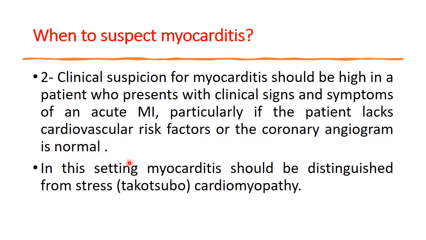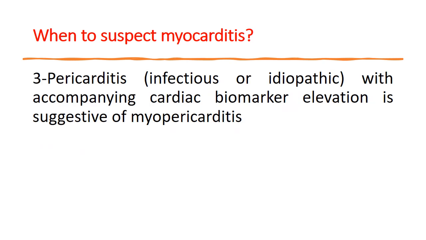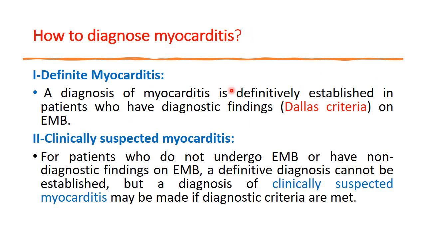In this setting, myocarditis should also be differentiated from stress or Takotsubo cardiomyopathy. Finally, we have to suspect myocarditis in patients with pericarditis who also have evidence of elevated cardiac biomarkers.